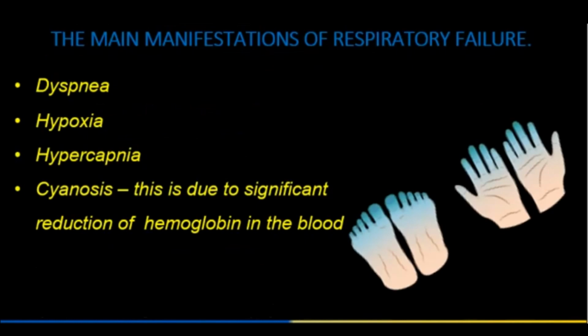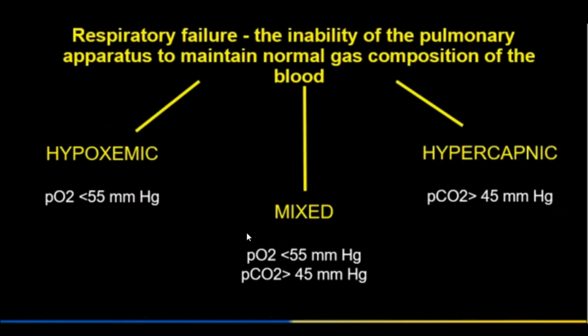The main manifestations of respiratory failure are dyspnea, hypoxia, hypercapnia, and cyanosis. This is due to a significant reduction of hemoglobin in the blood.